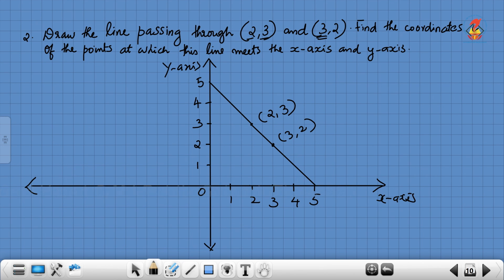Here this line, extended, meets the x axis and y axis at these points. What is the point? You write the x coordinate and y coordinate there. Here 5, 0. Here what is it? This point represents 0, 5.